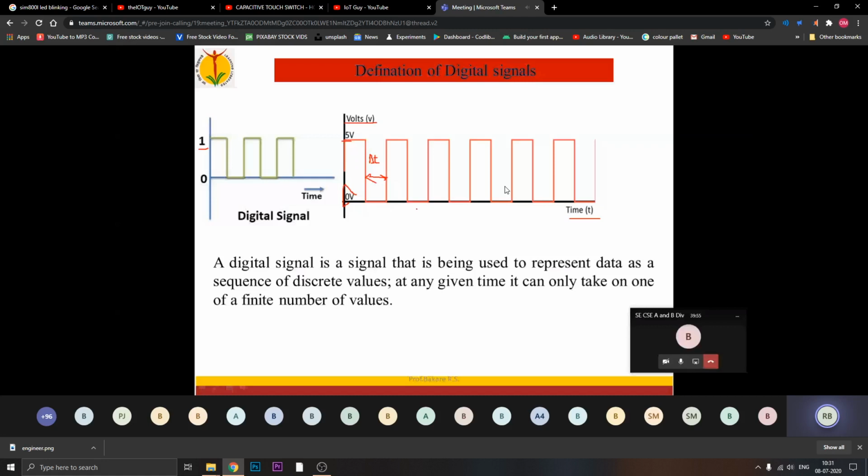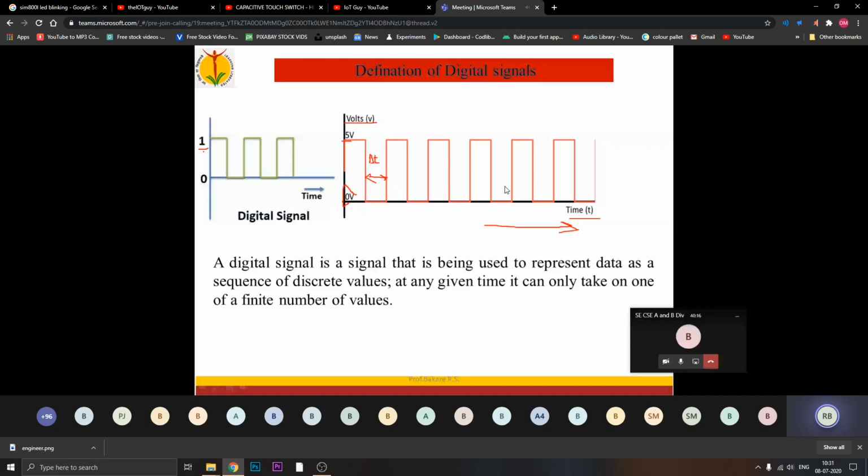When I define digital signals in terms of numbers, a digital signal has two numbers, either 0 or 1. It occurs continuously with respect to time with a specific time period of delta t. Again, this interval of time period is delta t.